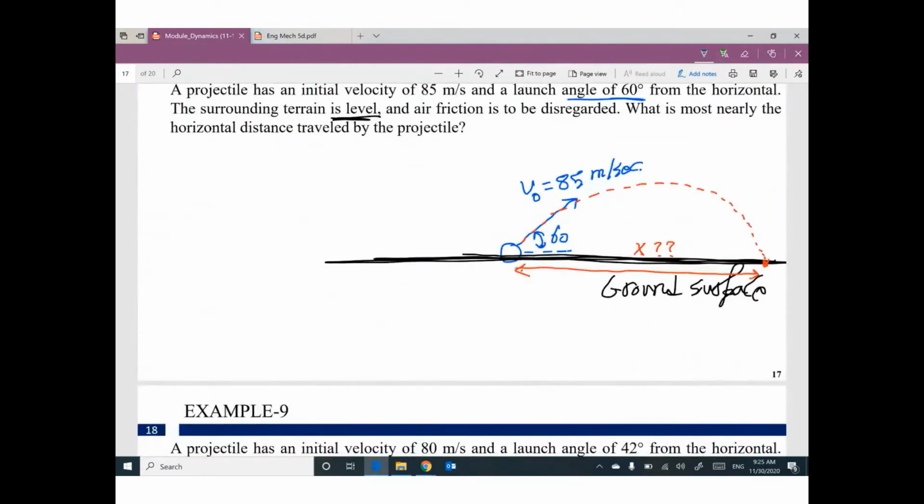Okay, I would like to explain it. I will assume we have the origin here, so we have the x-axis and we have the y-axis.